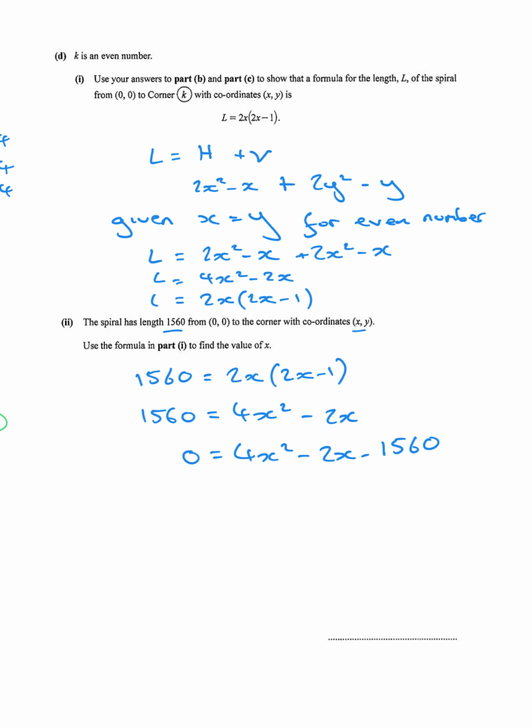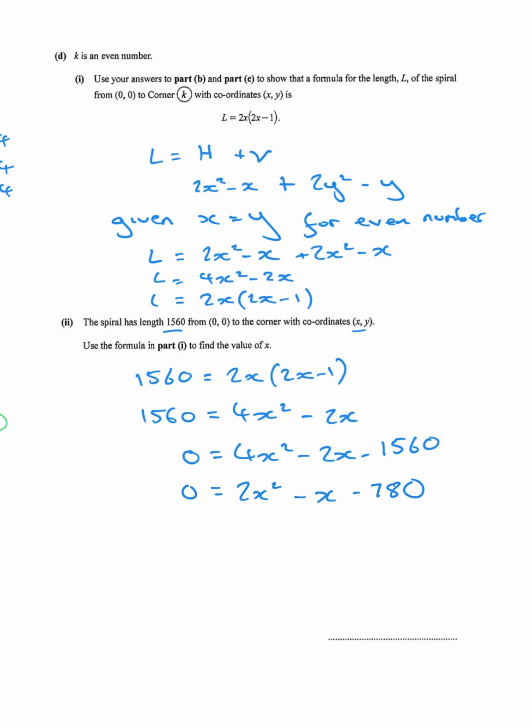I get the sense that things will divide by 2, and so 0 equals 2x squared minus x minus 780. Okay, so we'll factorise this. To be honest with you, looking at this, I'm not going to try and factorise it.